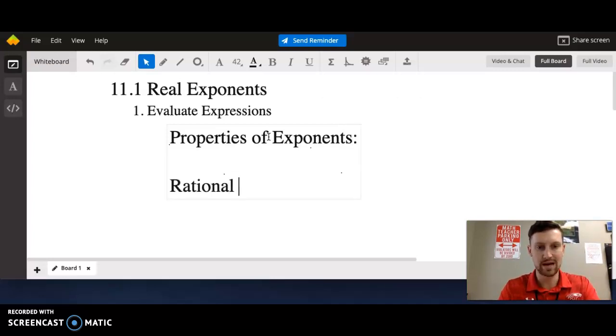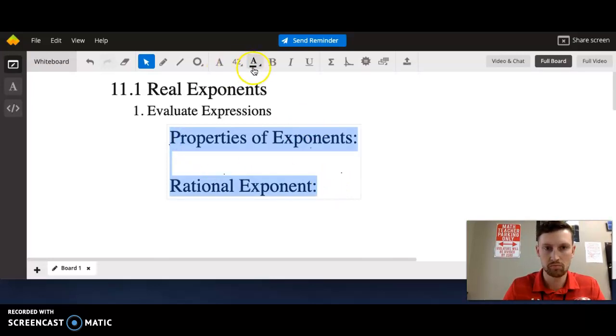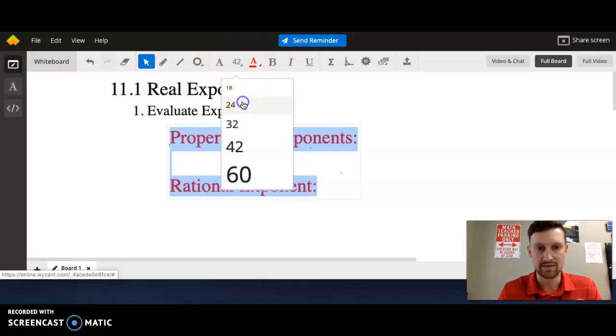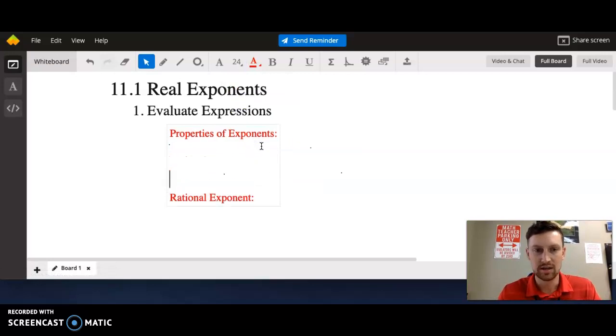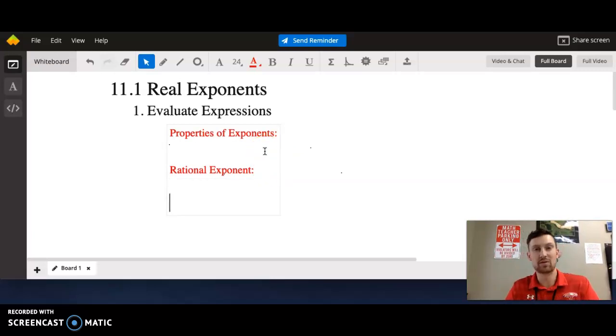And then what is a rational exponent? Okay, so obviously we know what exponents are, but what gets a little tricky is when you have a rational exponent.